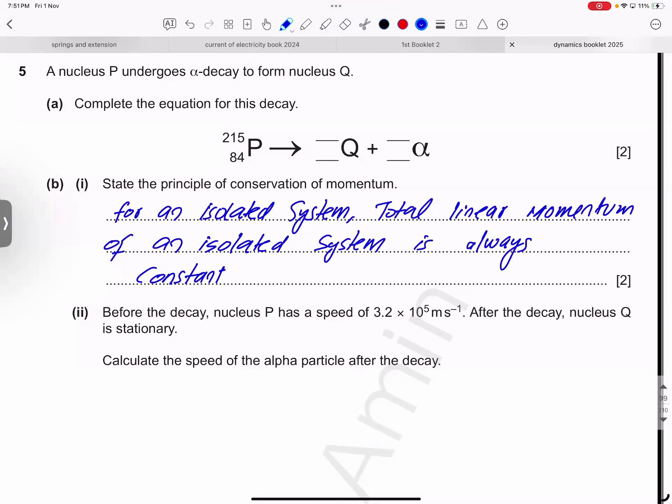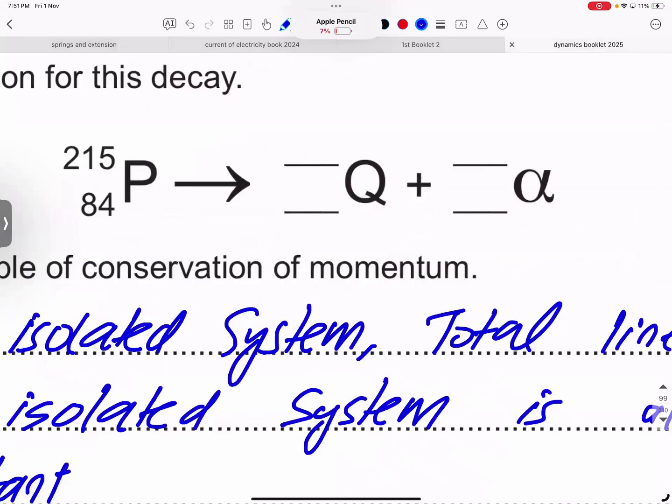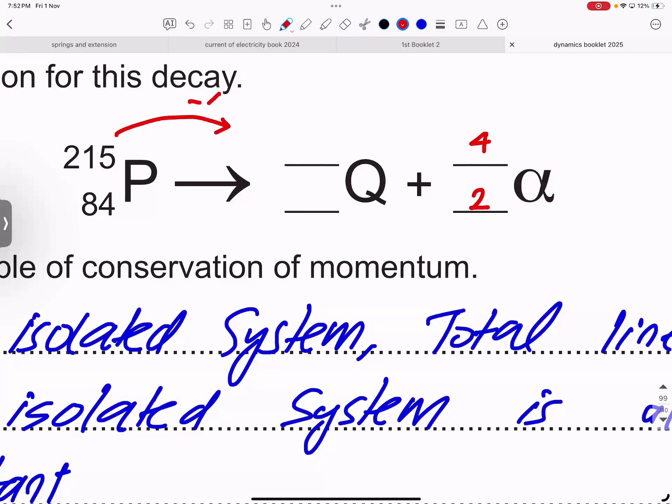Can we balance this equation? Alpha is 4, 2. So Q will be 215 minus 4, 211, and 84 minus 2, 82.